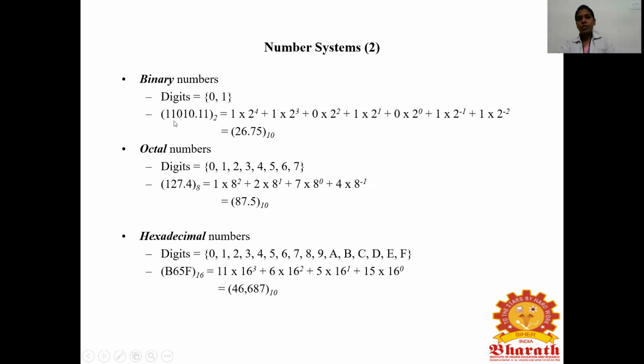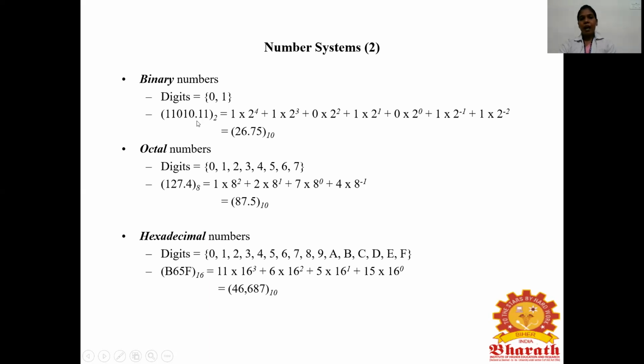Likewise, for the next digit, that is also 1. So 1 into 2 power 3, because this position is 3. Likewise, here's 0, so 0 into 2 power 2, 1 into 2 power 1, and then 0 into 2 power 0. That's what we have written here, 1 into 2 power 4 till 0 into 2 power 0.